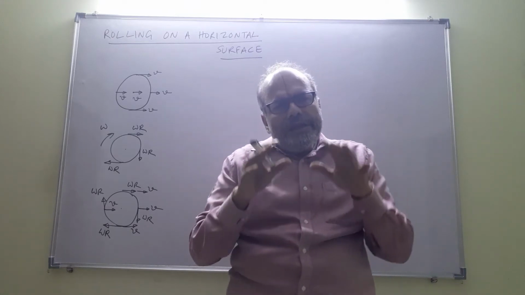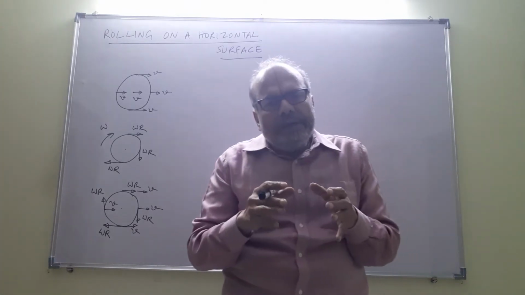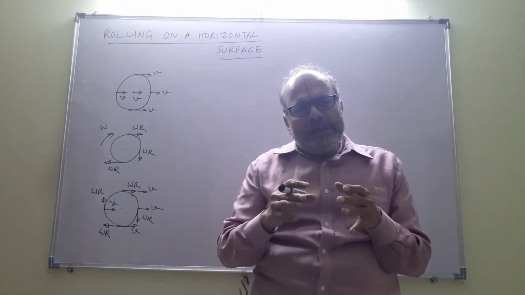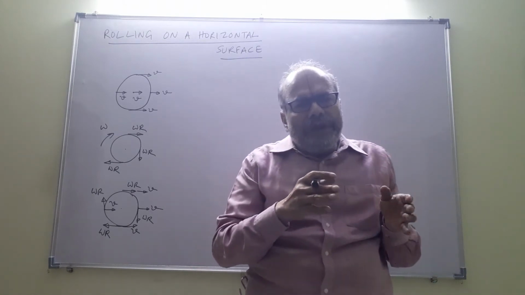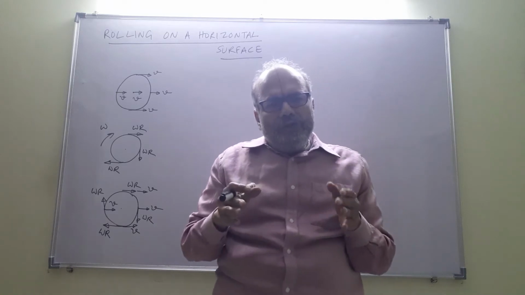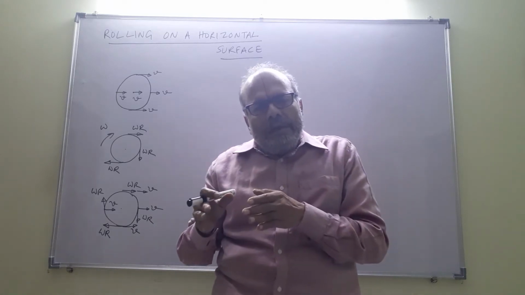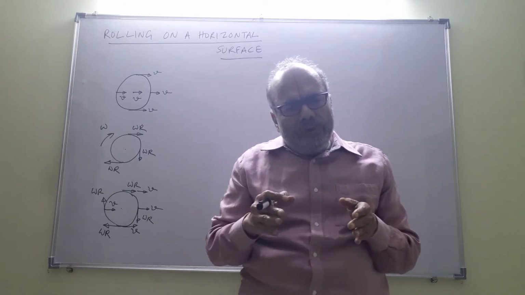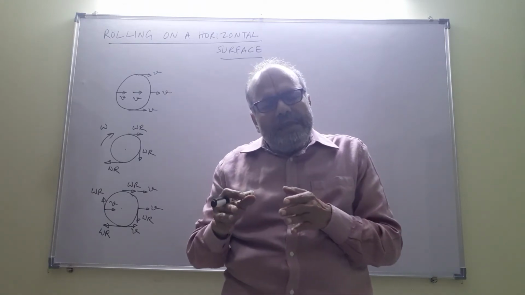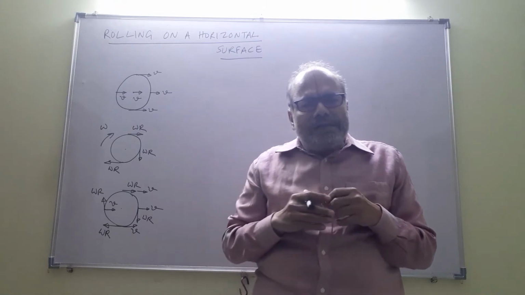And we study the entire body as a single particle concentrated at the center of mass for studying the translation effect. We apply Newton's second law. We say F net is equal to ma, where m is the mass of the system of particles and a is the acceleration of the center of mass.